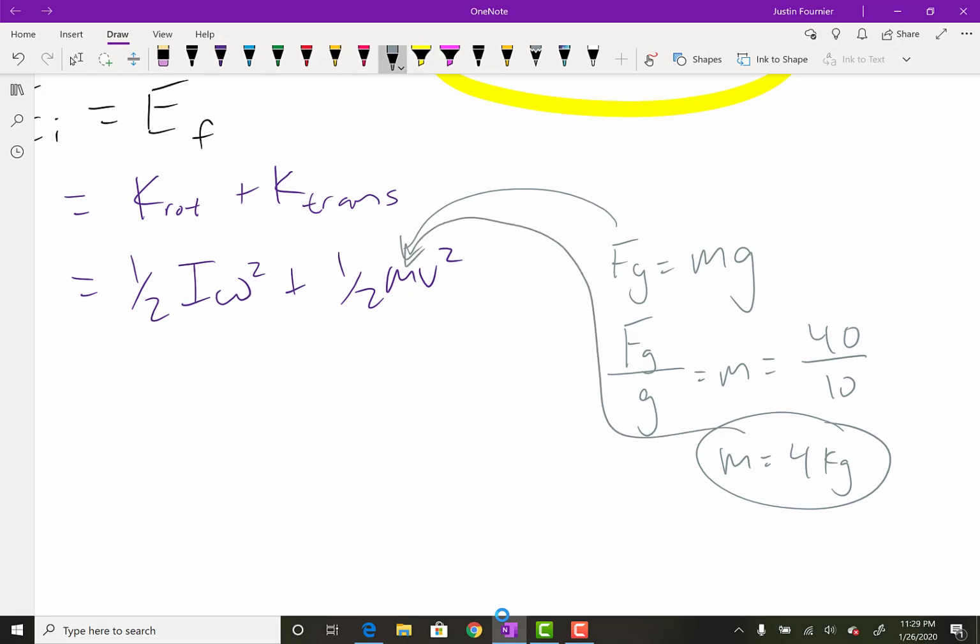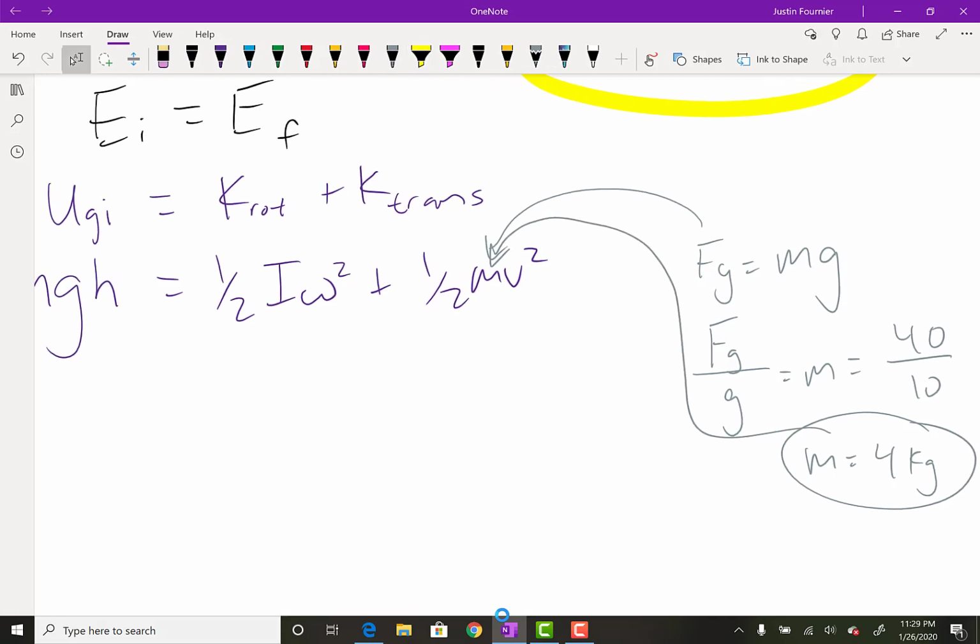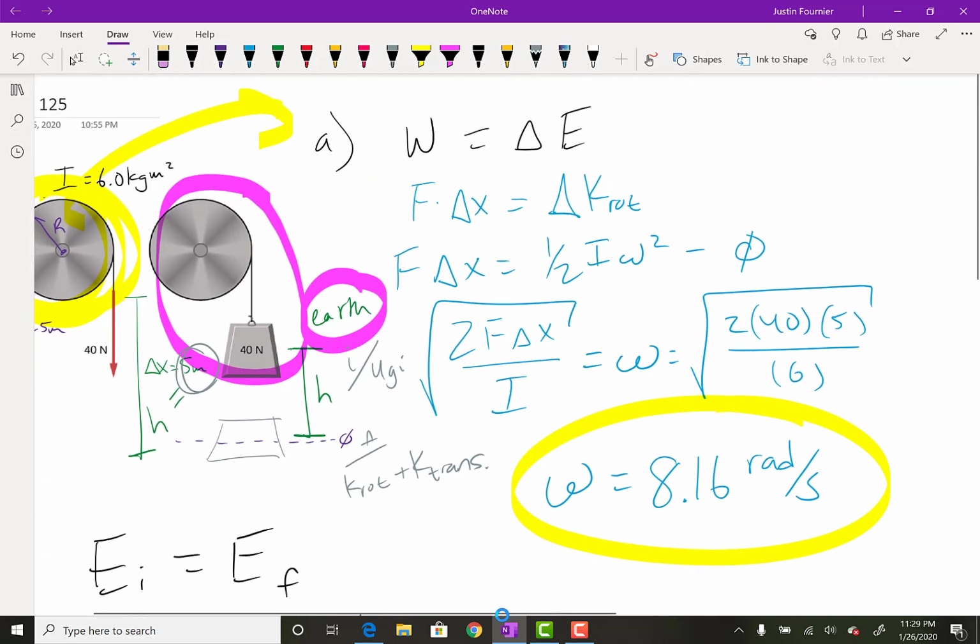The other thing I need to do is that this velocity isn't going to cut it. I need to translate that to angular velocity. I know that the tangential velocity at that point is equal to the angular velocity multiplied by the radius of the disk, because the string is wrapped around the disk.